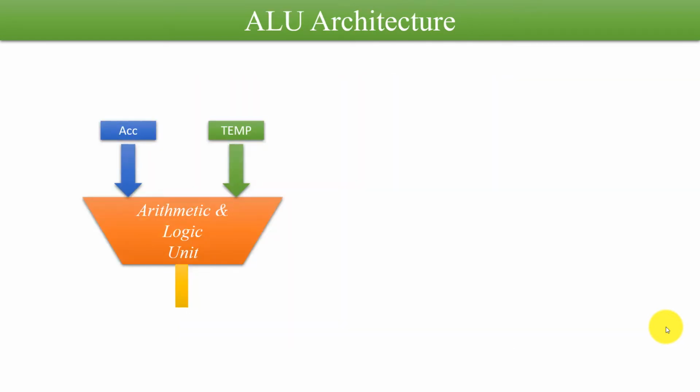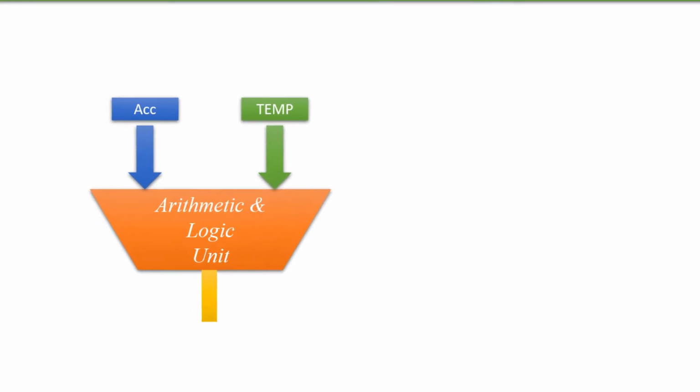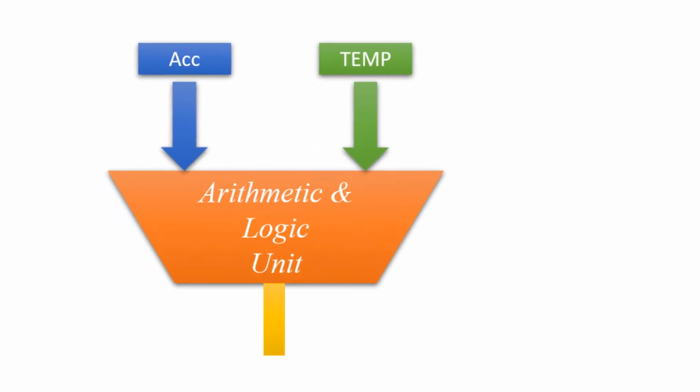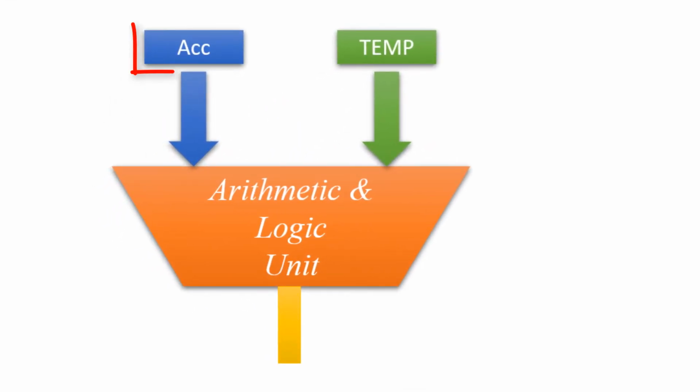The accumulator or the A register of 8085 is a very important register because it holds the operand of any arithmetic and logic operation. So if you perform arithmetic and logic operation in 8085, then one of the operands will always be in register A or the accumulator.